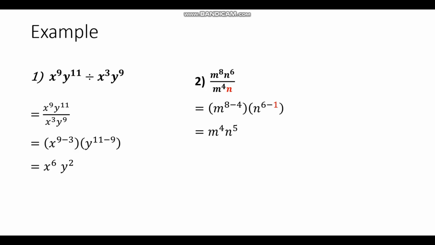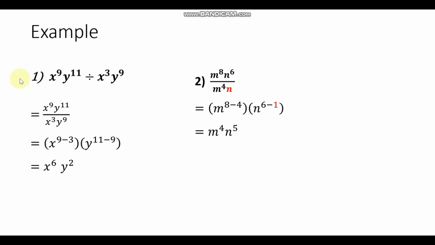Now I will explain the example for the division of index form with different bases. For the first question, we have two different bases, which are x and also y.